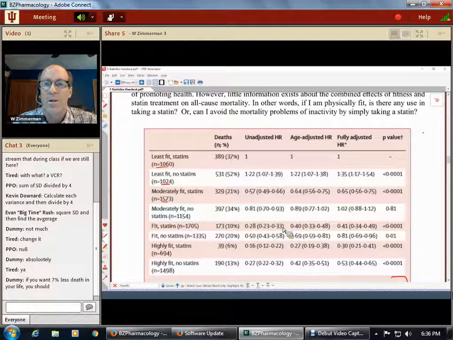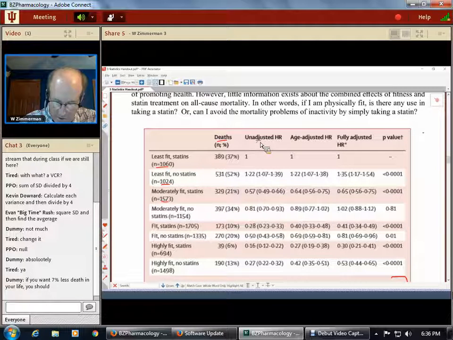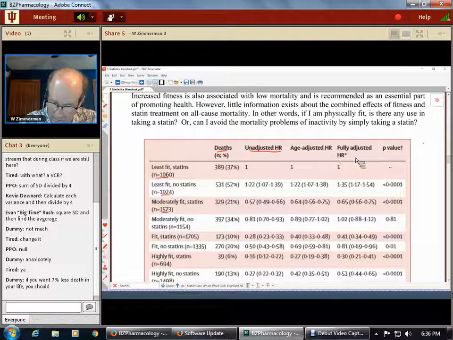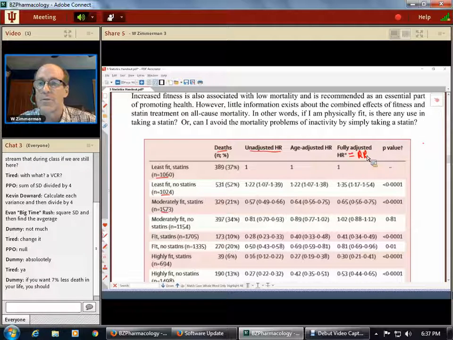Now, the different columns here: deaths, unadjusted hazard ratio. And remember, you can think of a hazard ratio as a relative risk. Age-adjusted HR, but what we really care about is the fully adjusted HR. That can be thought of as a relative risk.